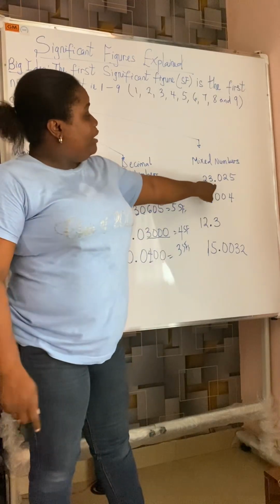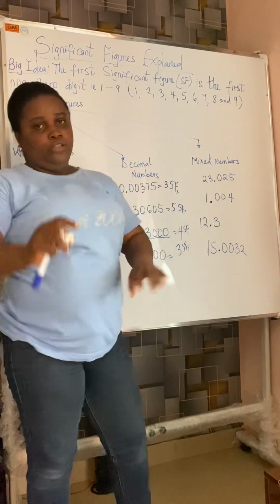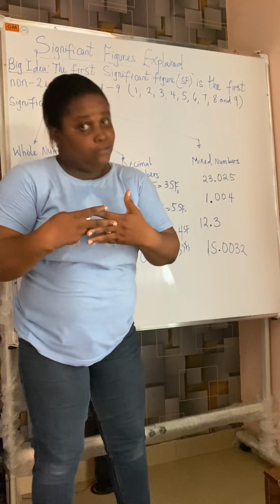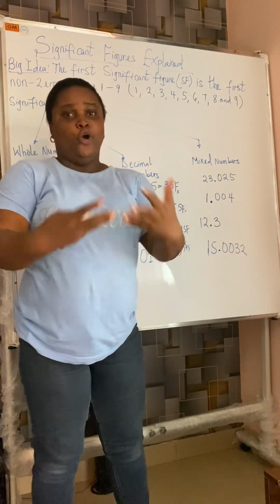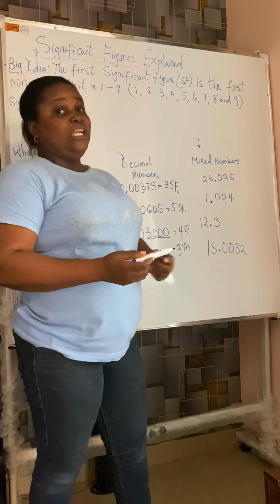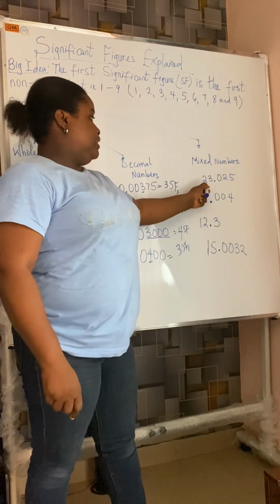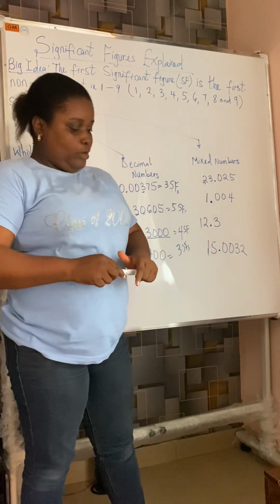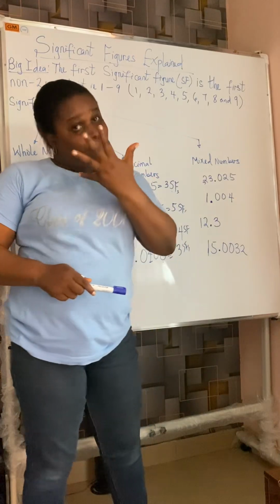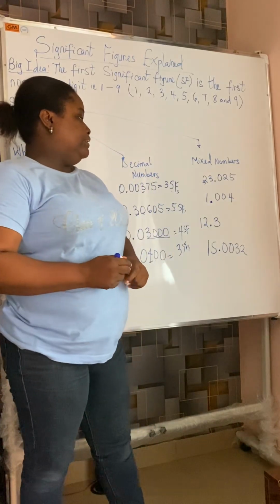But there is a decimal notation here separating the whole from the decimal. That's why they are mixed numerals. The first non-zero is actually before the decimal notation, so we count 1, 2, 3, 4, 5. So there are 5 significant figures in this.